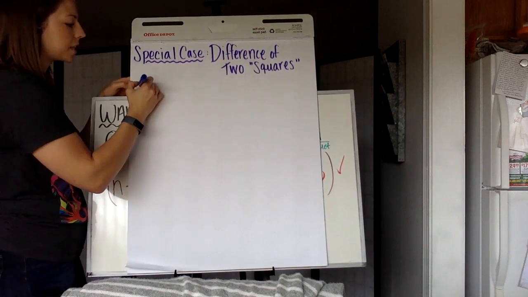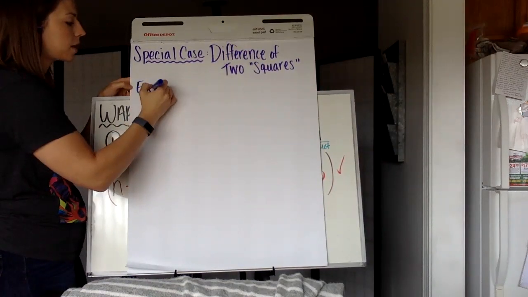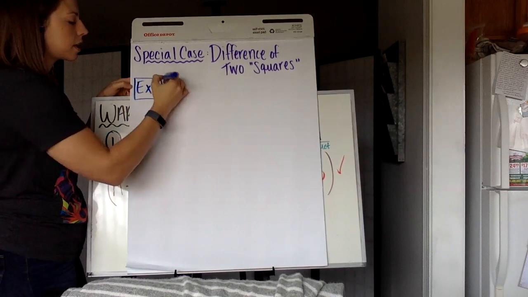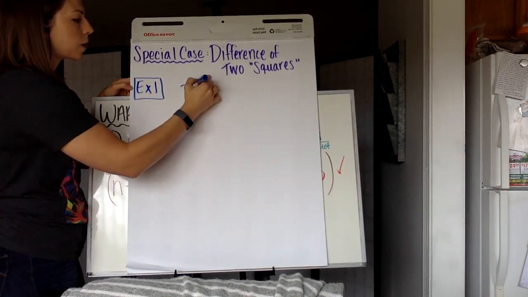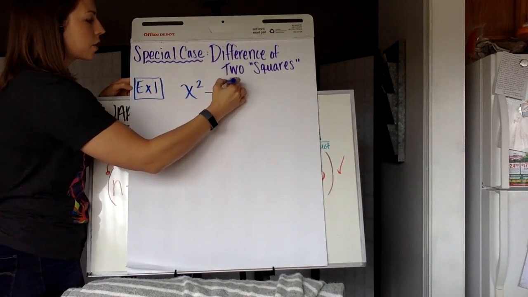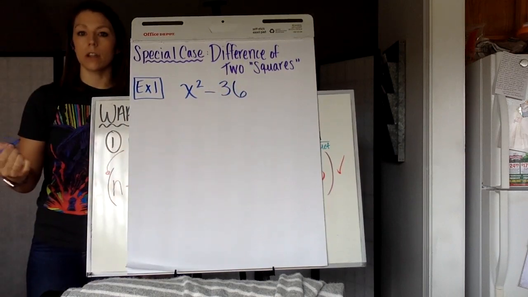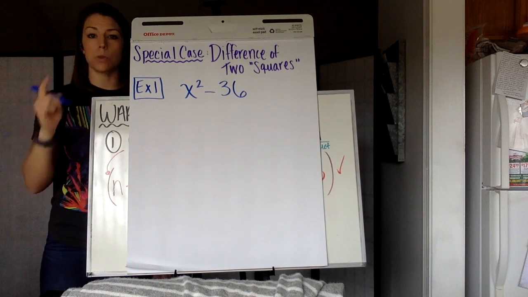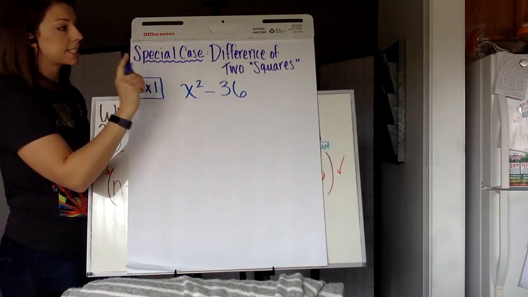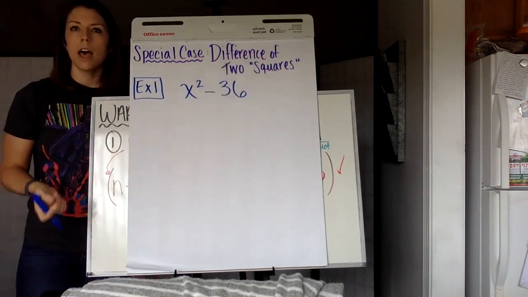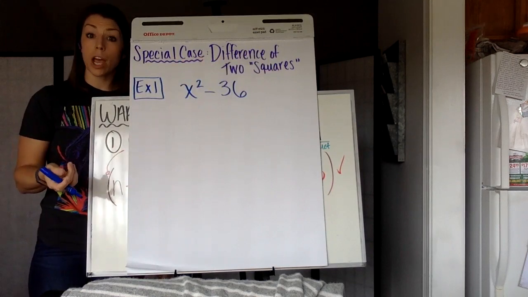So our first working example, example 1, is going to be x squared minus 36. Okay, why do we think this is called a difference of two squares? Well, the first thing that stands out to me is, what is a difference? A difference means subtraction.